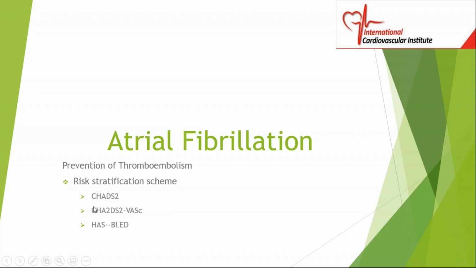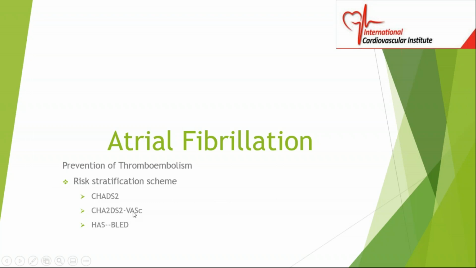So when we come to the CHA2DS2-VASc score, we have two age separations. If you're 75 and greater, you get a score of 2. If you're 65 to 74, then you get a score of 1. And of course, D is still diabetes. S is stroke or TIA. TIA is counted as a stroke, and you get 2 points for that.